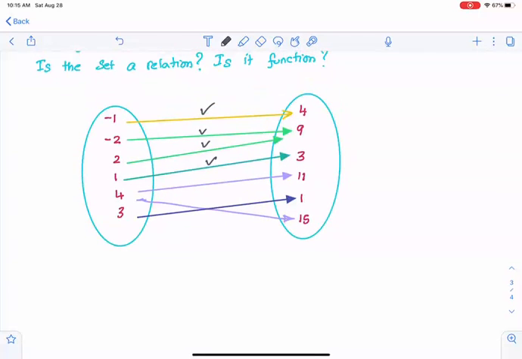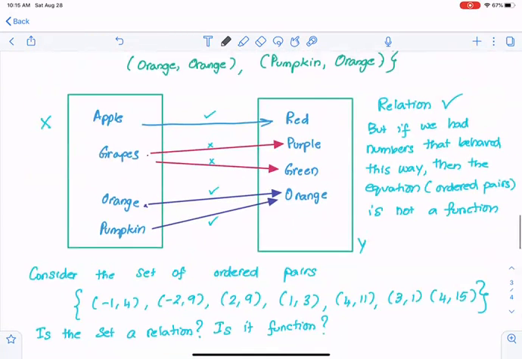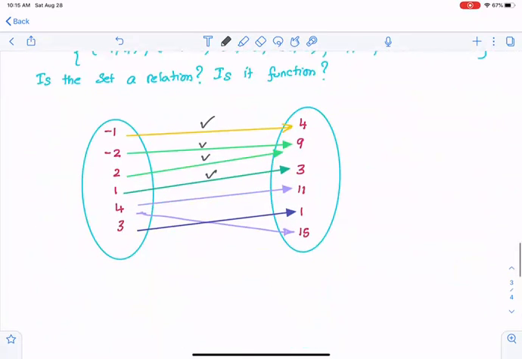But 4 goes to 11 and it is also going to 15. So that's like grapes here. Grapes can be purple or green, and that is not okay for a function. So this is not okay.